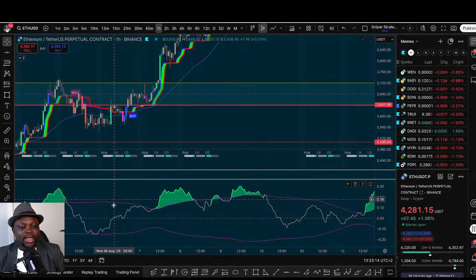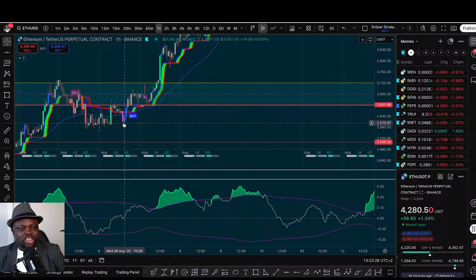Look at it. Yeah, it broke above this zone, this middle line, and this retracement wasn't able to break below the midline. So this would have been a perfect entry, still an aggressive entry, before price went up.